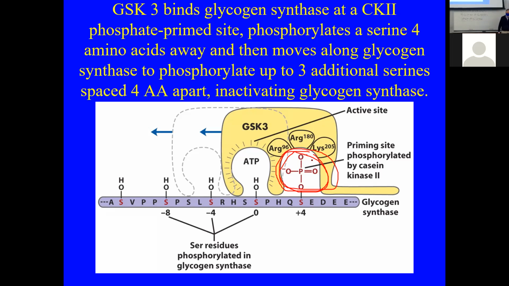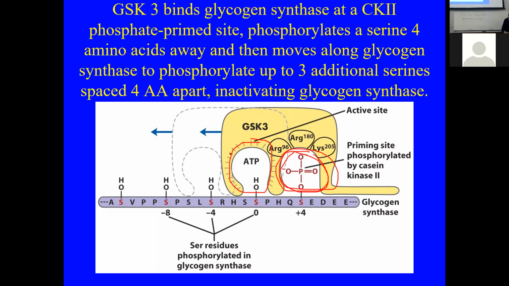It leads to the GSK3 binding to the glycogen synthase. But then the catalytic site is next door. It's 4 amino acids further along, or a distance equivalent to 4 amino acids further along. And it's going to add a phosphate to a serine 4 amino acids away from that initial serine molecule.